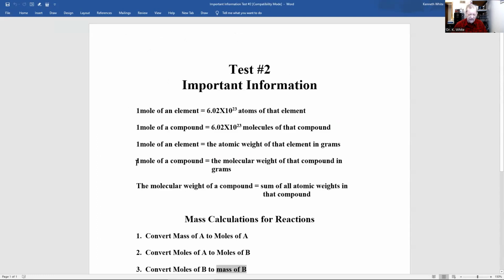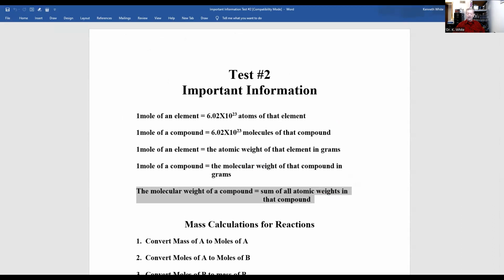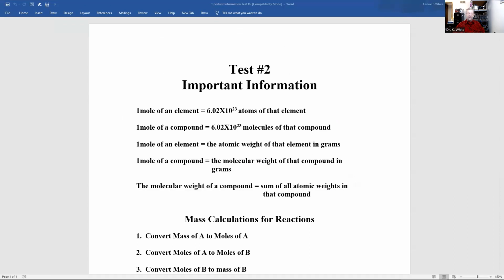Important information, test number 2. 1 mole of a compound equals the molecular weight of that compound in grams. And the molecular weight of that compound is the sum of all atomic weights in that compound. Well, now we need to find out the molecular weight of carbon dioxide.